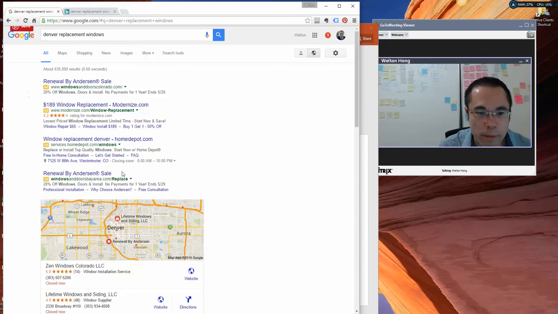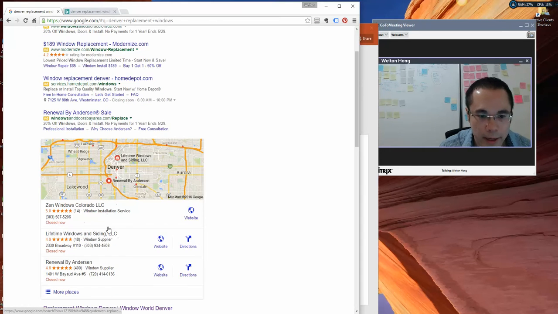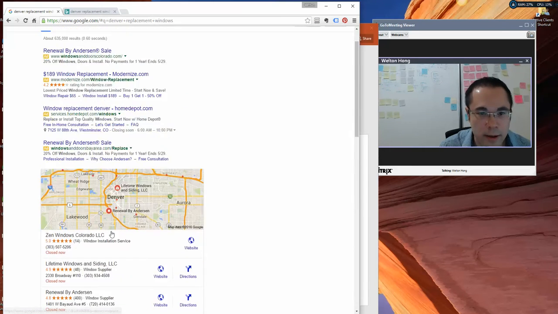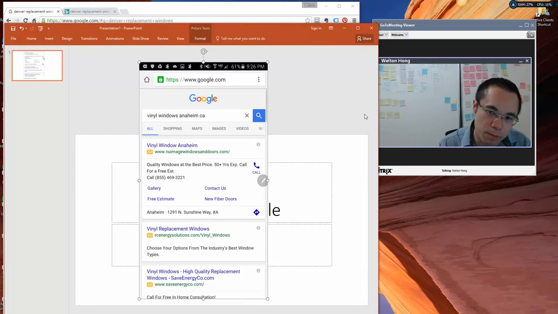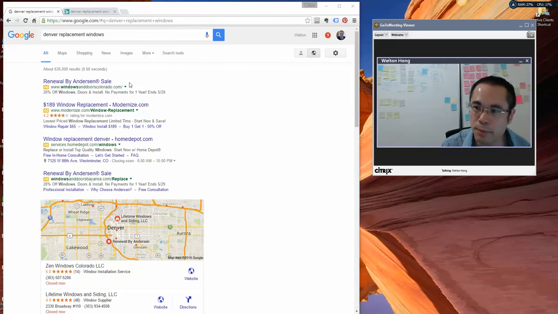It's all one page, followed by local rankings, and then followed by organic. So Google basically wants to merge the same look and feel between desktop, tablets, and mobile. By doing this change now, it looks the same as mobile, so no confusion anymore.